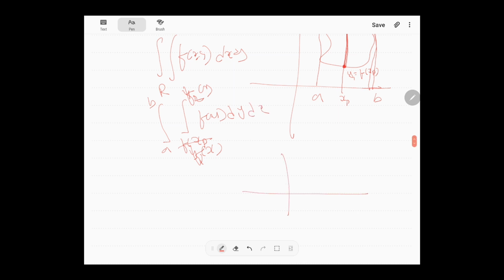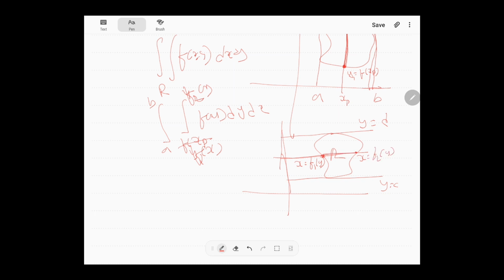The other way also we can find out the region. Suppose this is the region R. I can consider this region as a region between these two lines, y is equal to c and y is equal to d. For a given x, this x touches the boundary at this point, and here the value of x is given by some f1 of y, and the value of x is given as f2 of y.